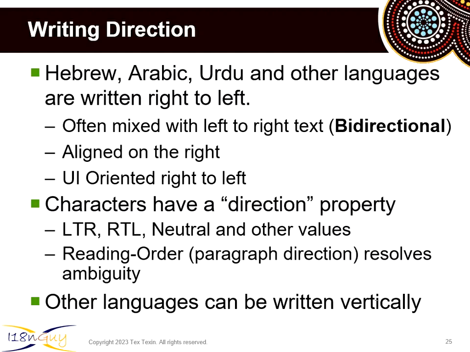It's not a perfect system. So there are also control characters that you can use to influence the direction. There are also other writing directions. Some languages are written vertically, and they can be written vertically with the columns proceeding left to right or columns proceeding right to left.